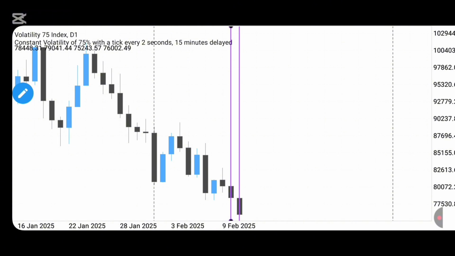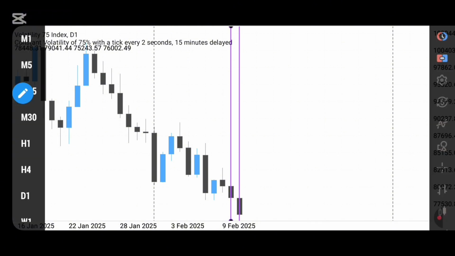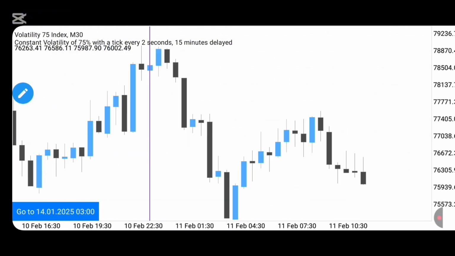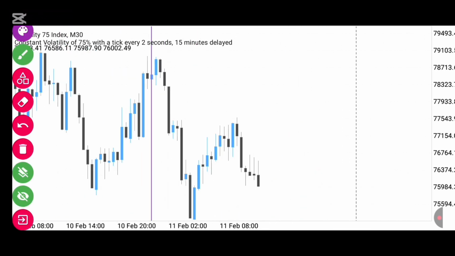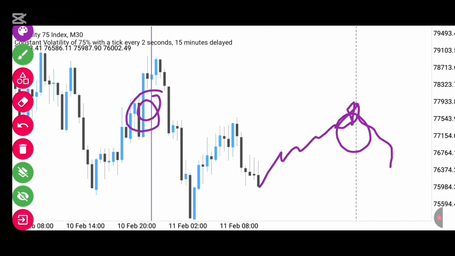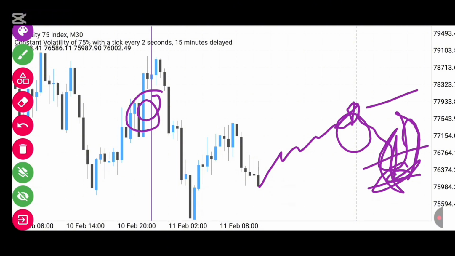So when you come to the 30 minutes, you can see that the lines which I have drawn cover the daily separator exactly. From this point, it is the opening and close of the day, and this will be the closing and opening of the next day, which means tomorrow. The market can move up to here and then it closes, then it opens. Now tomorrow we will start looking for our entry according to what the price action tells us.